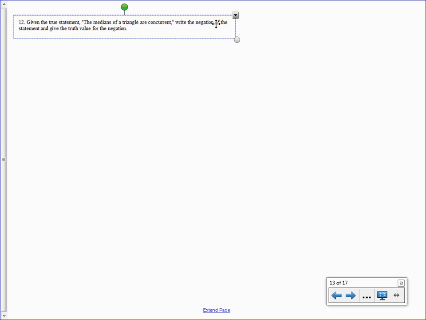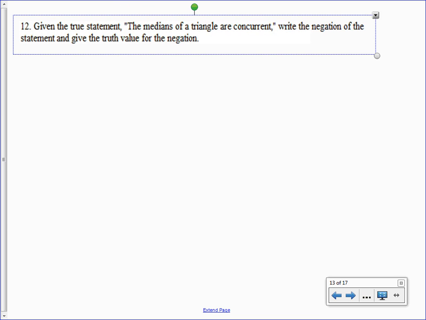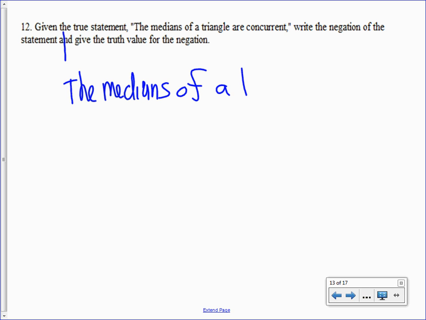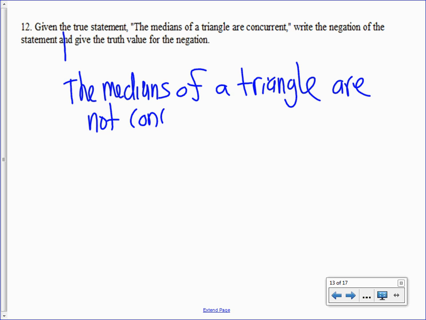12. Given the true statement, the medians of a triangle are concurrent, write the negation of the statement. Let's stop right there. To write the negation, you write the opposite. The opposite of the medians of a triangle are concurrent is the medians of a triangle are not concurrent.